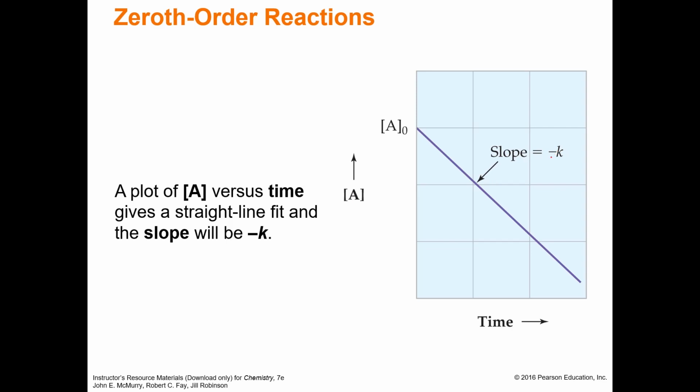So this is one way we can determine the constant for a particular reaction, is we can make a plot of the concentration of one of our reactants versus time. We have to determine what the order of the reaction is first. If it happens to be a 0th order reaction, the slope is equal to the negative of the constant.